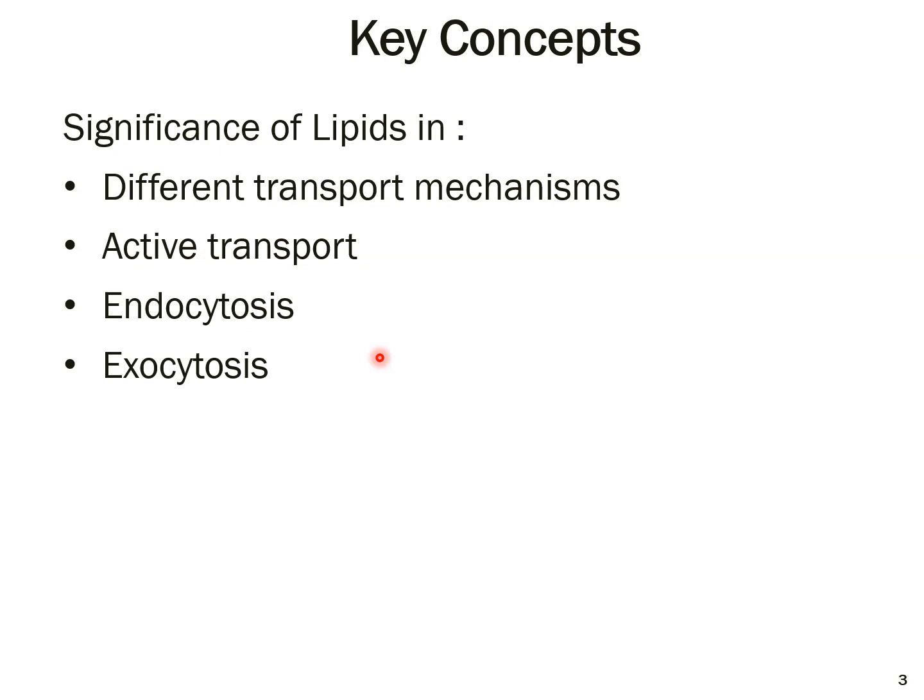Active transport will be the transport which is against the concentration gradient, so it will be using some of the cell's energy as well. And then we have mechanisms in place to move larger molecules inside and outside the cell. Those mechanisms will be studied in endocytosis and exocytosis.